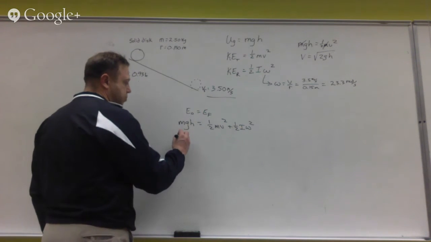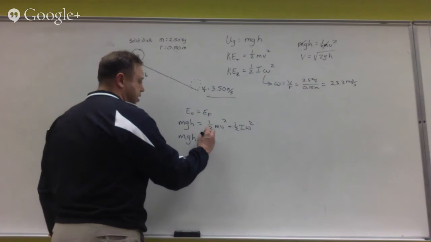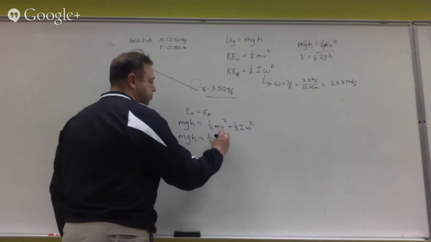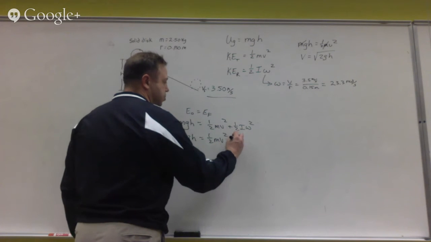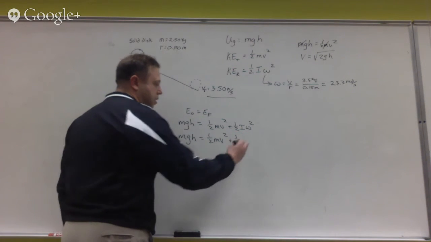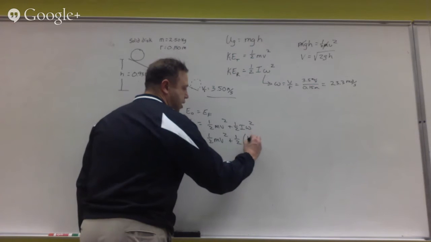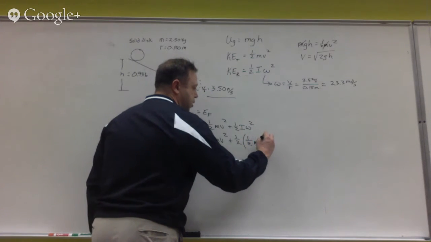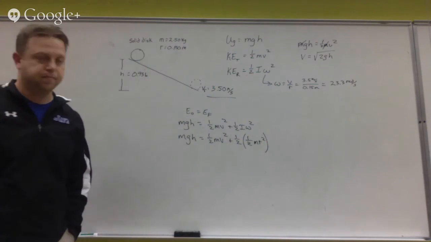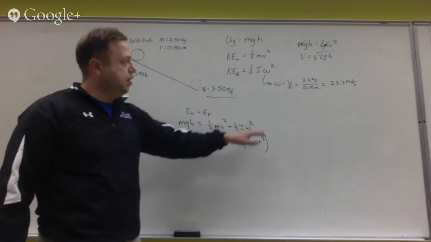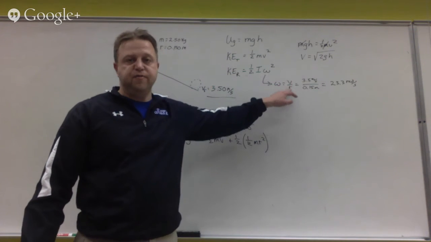So let's go. mgh equals 1/2 mv squared plus 1/2 mr squared for the moment of inertia. And then remember, omega is v over r.